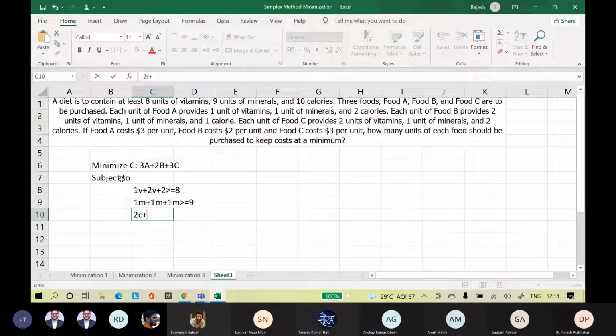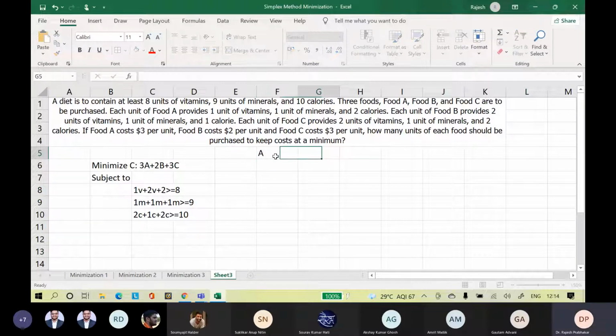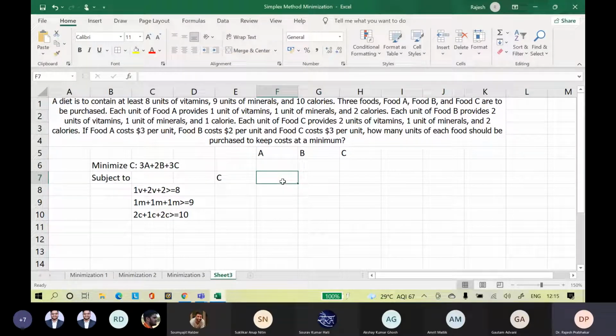Plus 1c plus 2c greater than or equal to 10, right? So A, B, C.